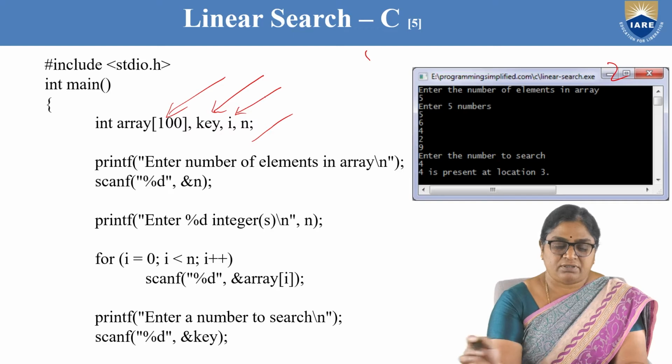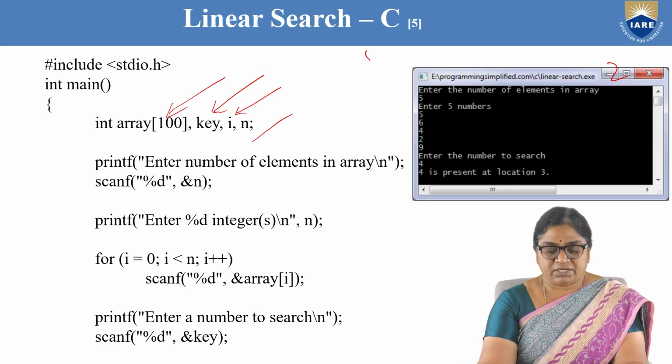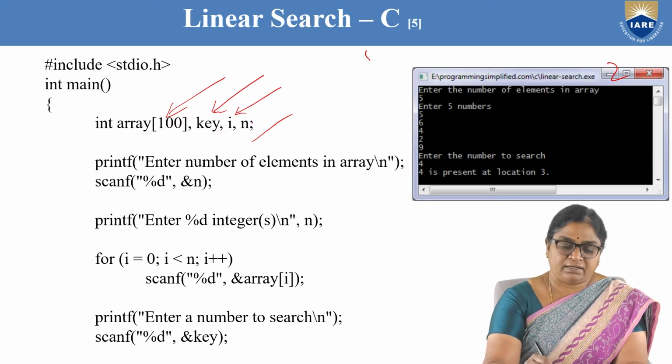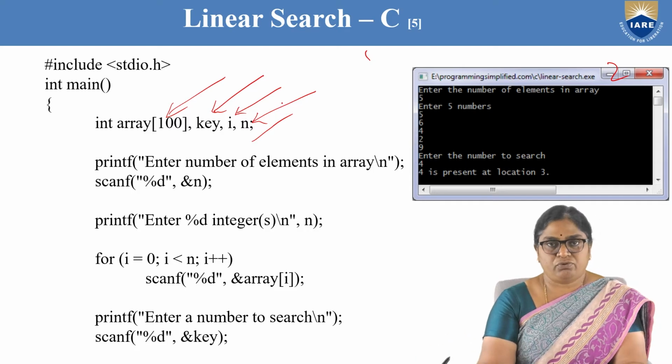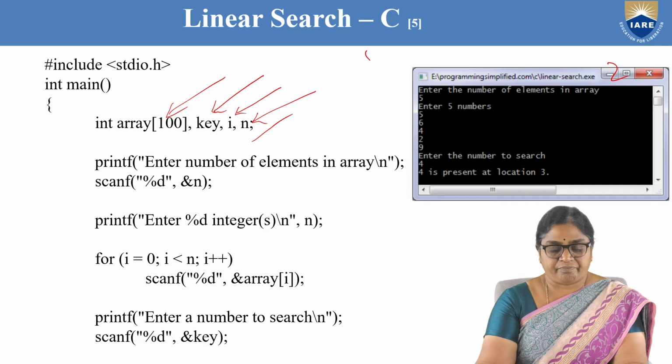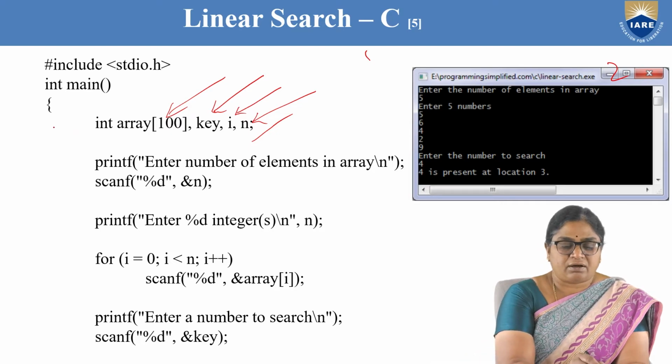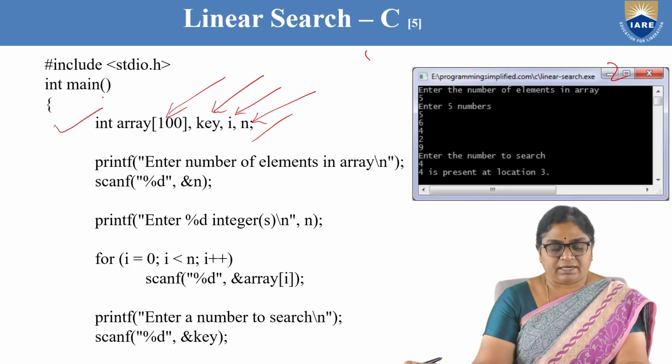This is for iteration purpose, iterative variable I, and n is to hold the size of the list. So 4 variables here we are declaring. In C language, we need to declare all the variables whichever we are going to use in our program. So here all the 4 variables are declared in the first statement.